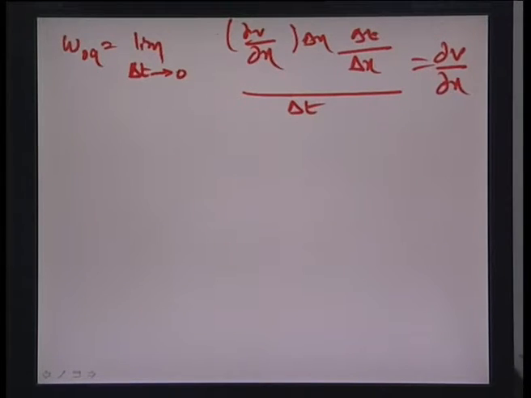All right. So, this essentially is dv by dx into delta x into delta t, which is basically the delta neta value, divided by delta x divided by delta t. So, this comes out to be dv by dx.